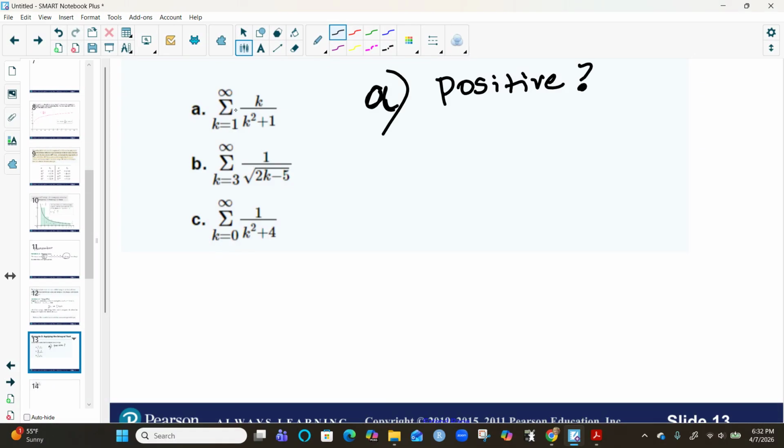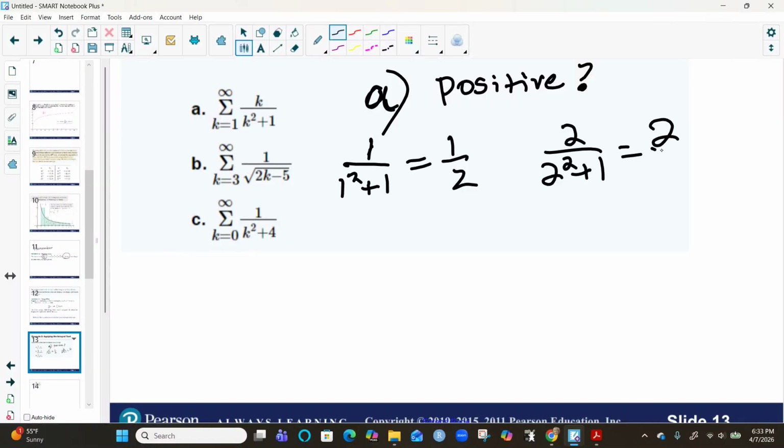So I'm going to write out the first couple of terms. That's going to be 1/2. Write out the second term, plug in a 2. That's going to be 2/5. I write out the third term, and I could keep going for a while, but I think you guys are probably getting the idea that these terms are all positive.